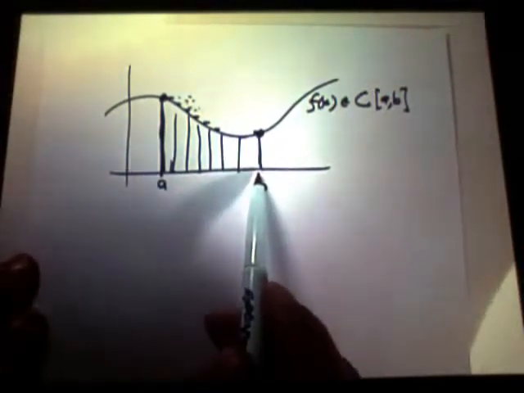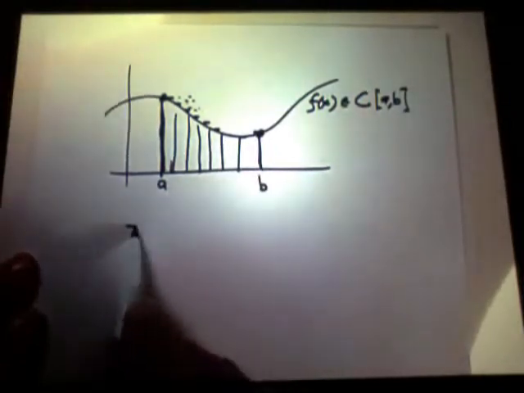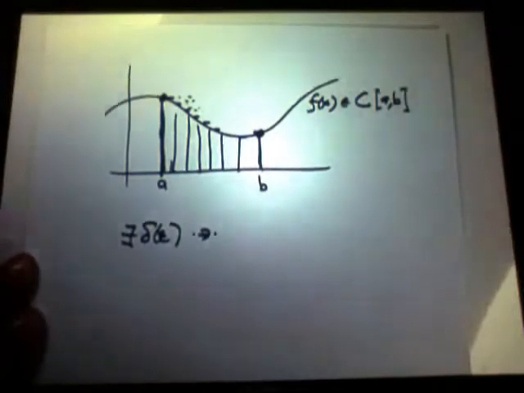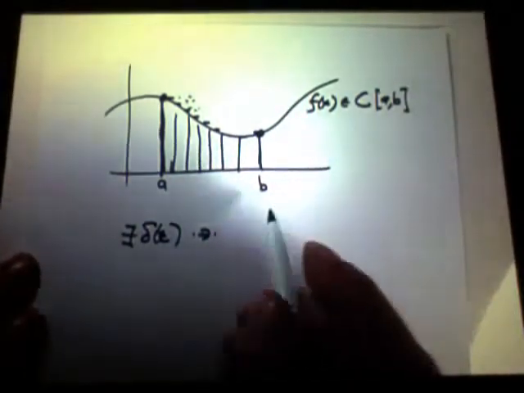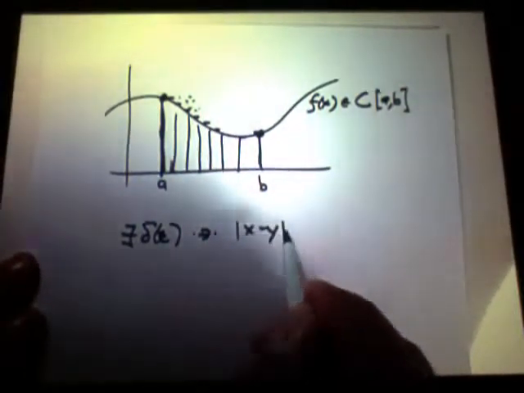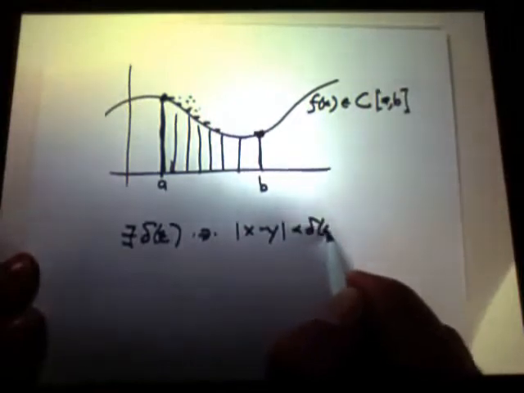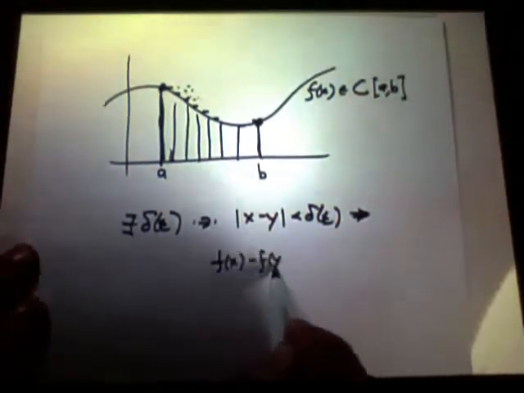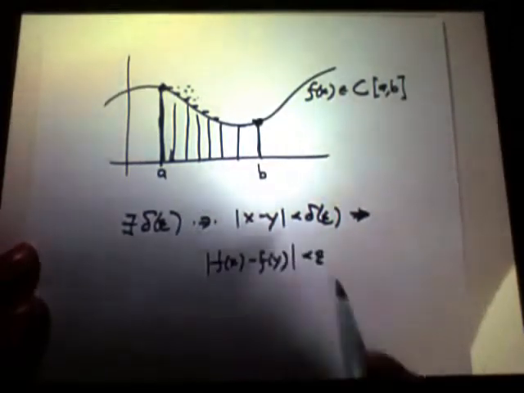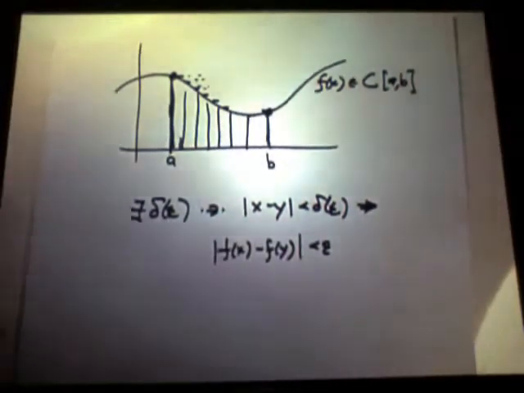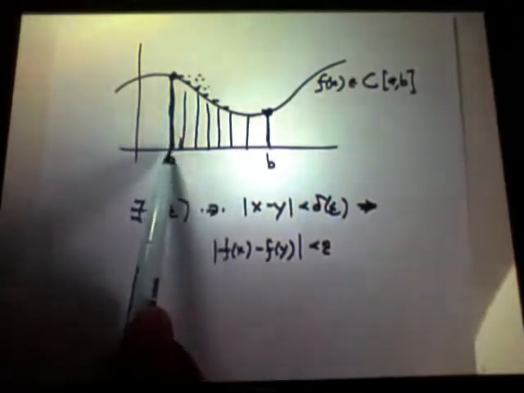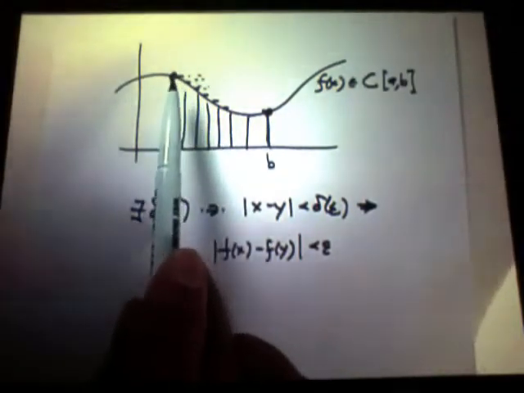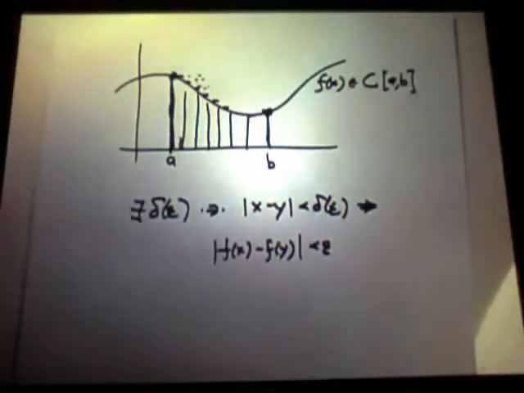So there exists a delta of epsilon such that if |x minus y| is less than that, it implies |f(x) minus f(y)| is less than epsilon. So there's a magic delta, and if I keep my subintervals less than delta, the variation of the function will never be more than epsilon.